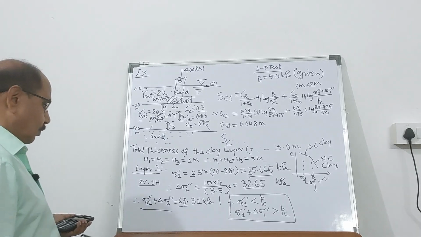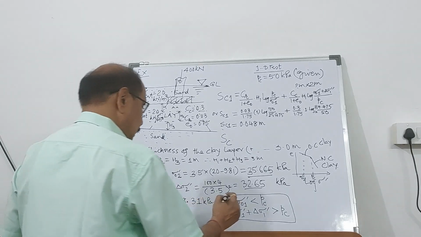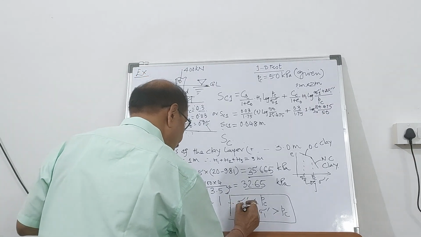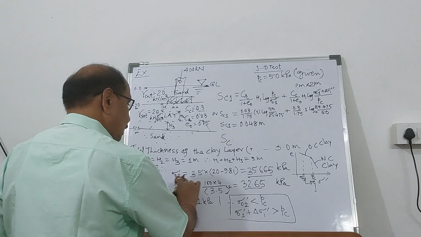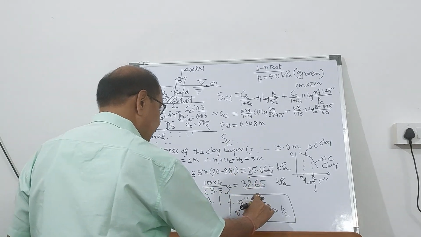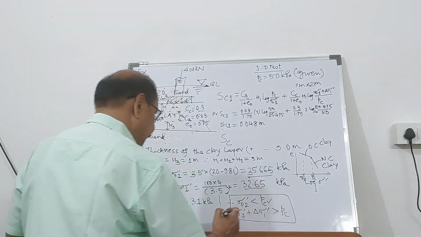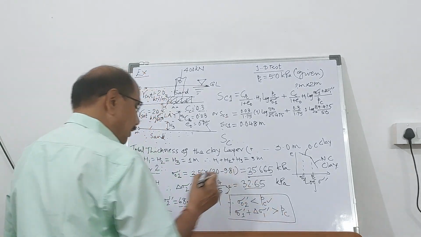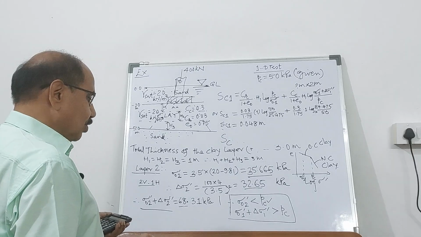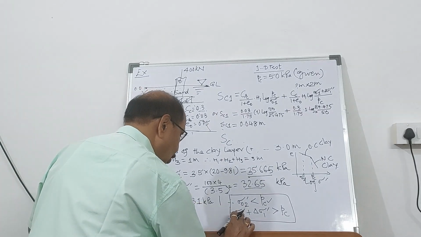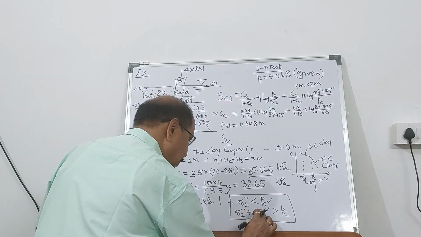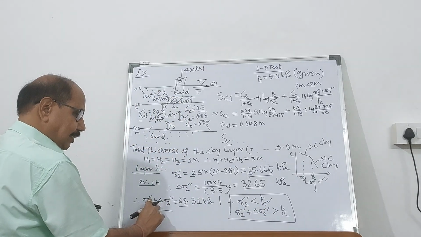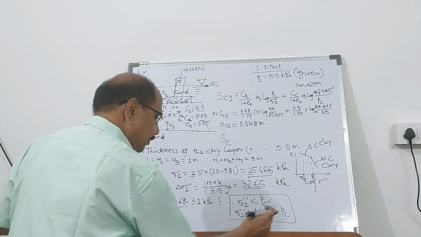Now, your sigma naught 2 prime, 35, is less than PC. But the sum of these two is greater than PC, the pre-consolidation pressure. So this plus this, as we have calculated here, is 68, which is more than 50.